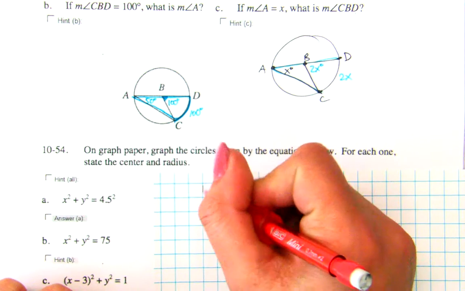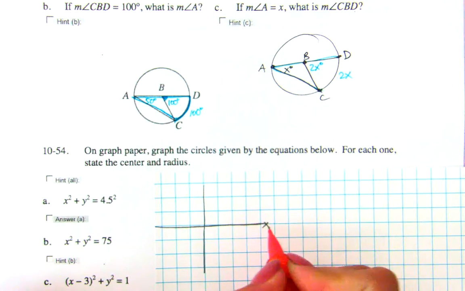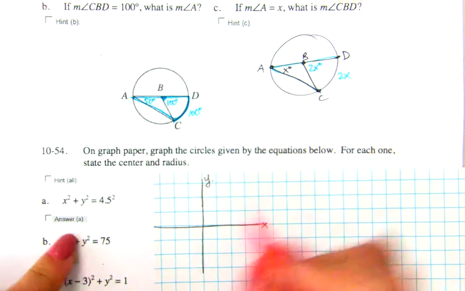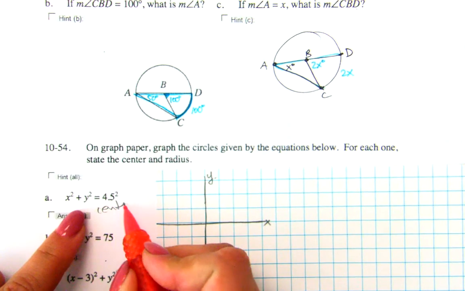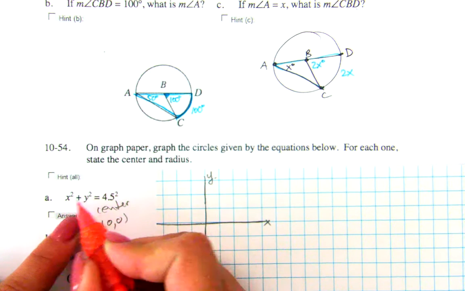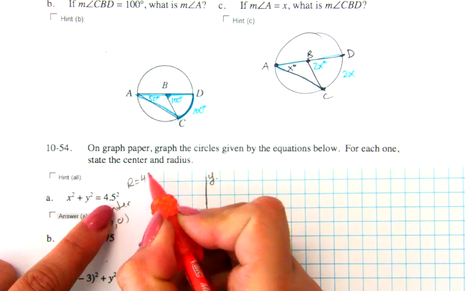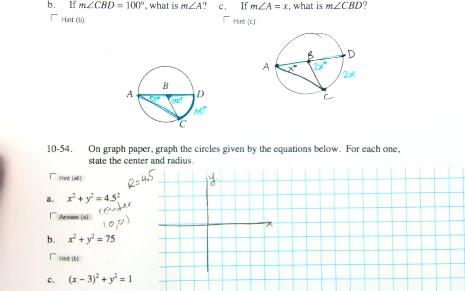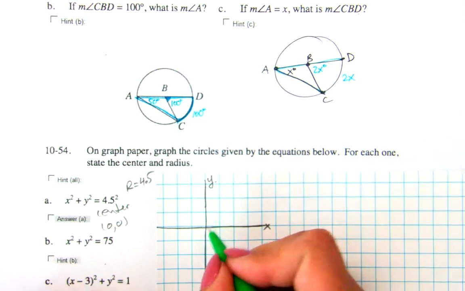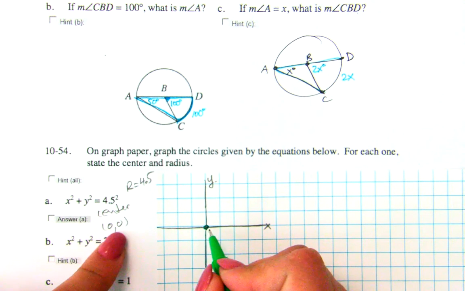And here's our X, here's Y. The center is going to be at 0, 0 because there's nothing in the parentheses. Our radius is going to be 4.5. So this circle is going to start at 0, 0, and it's going to have a radius of 4.5.